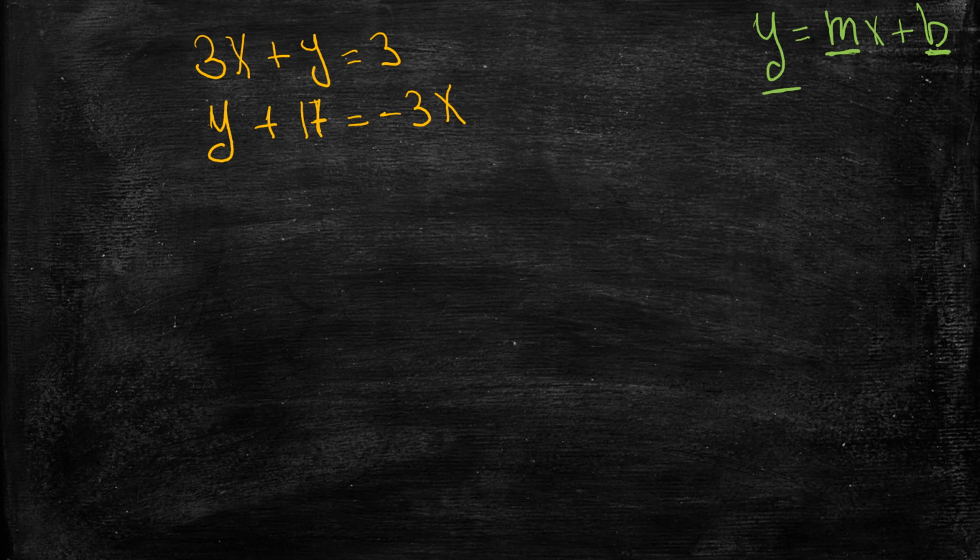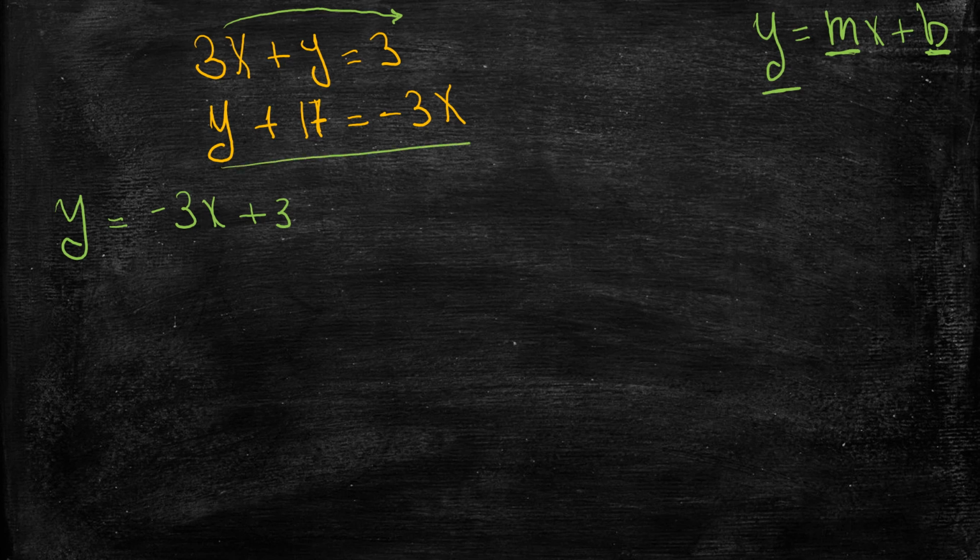What I will be doing here is just moving 3x to the other side, and don't forget to change the sign. So you will get y equals minus 3x plus 3. This is the same as subtracting 3x from both sides.